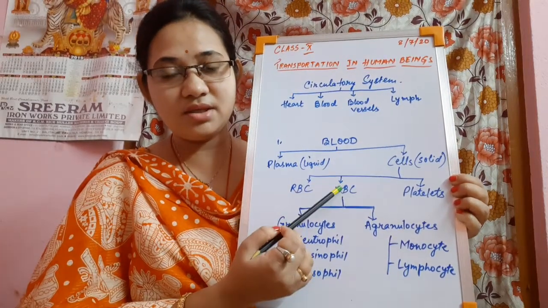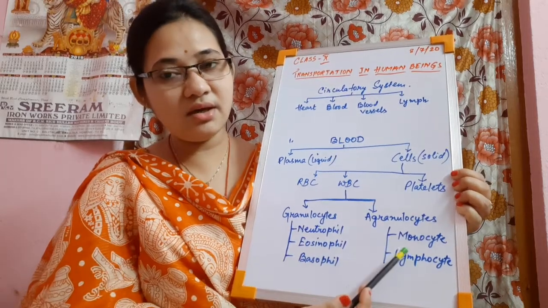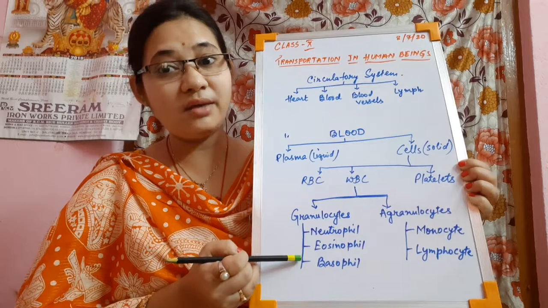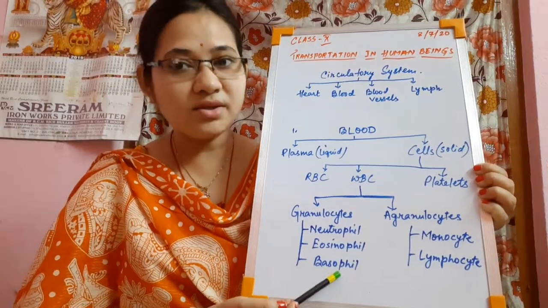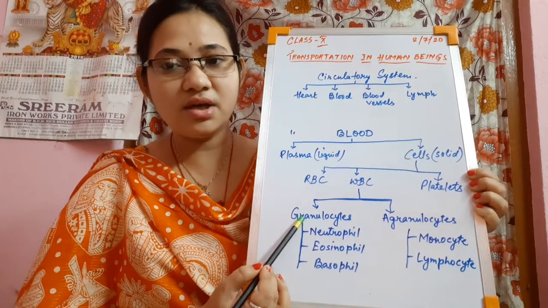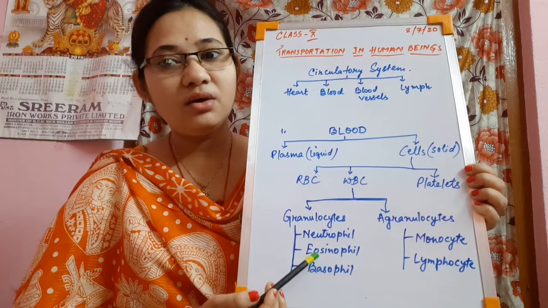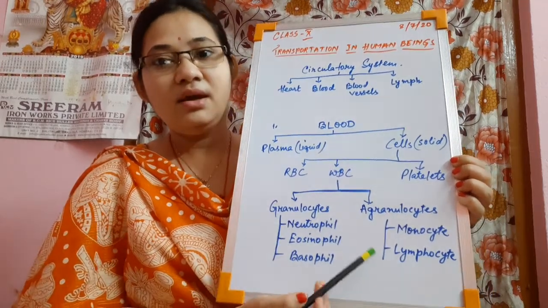So WBC is of two types, granulocytes and agranulocytes. Granulocytes are of three types: the neutrophil, the eosinophil and the basophil.